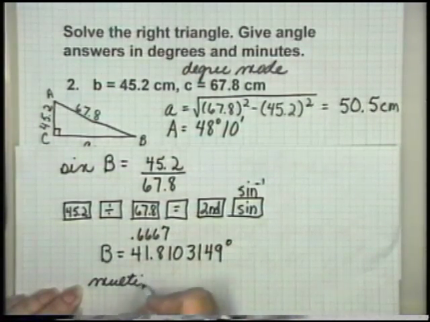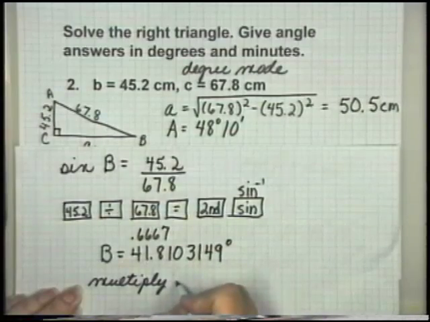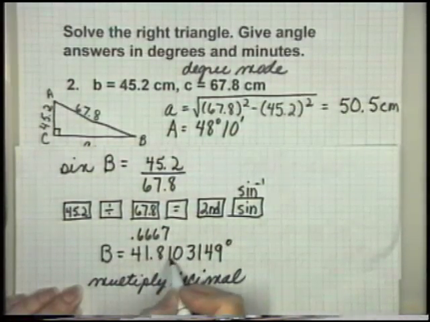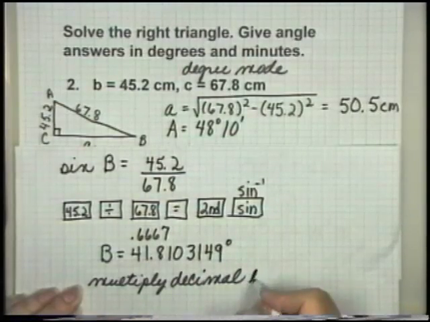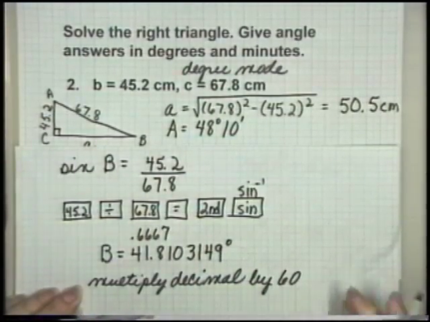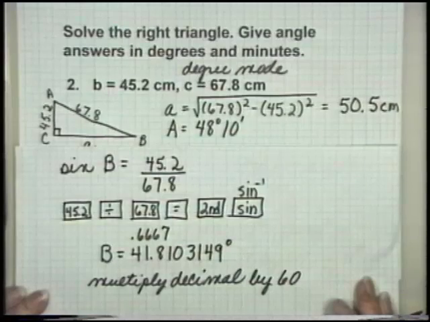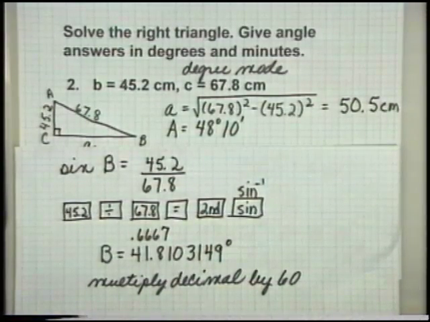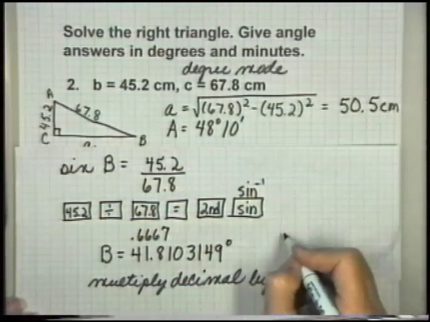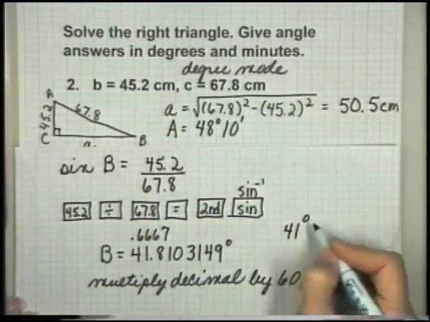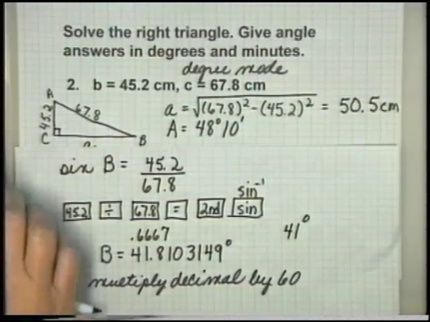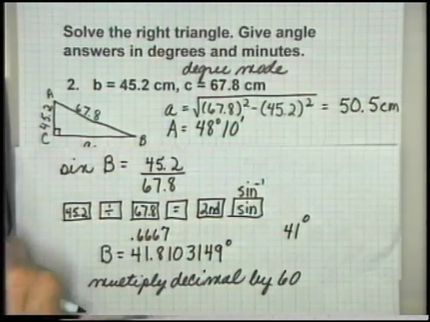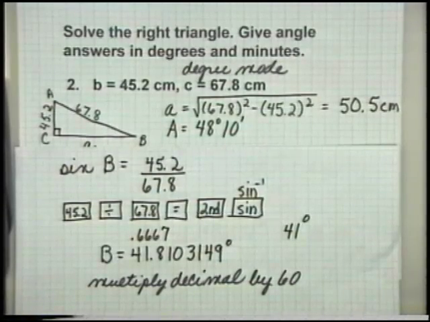Once again, we will multiply the decimal part, 0.8103149, by 60, because there's 60 minutes in a degree, and that will give us the number of minutes. So we know that we have 41 whole degrees, and for that part of a degree, how many minutes is it?